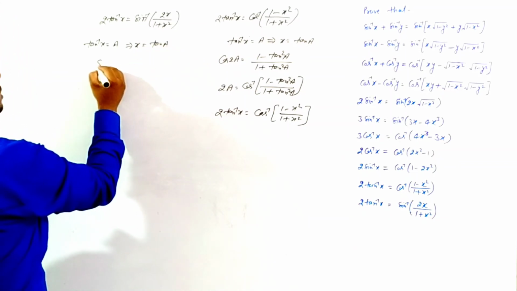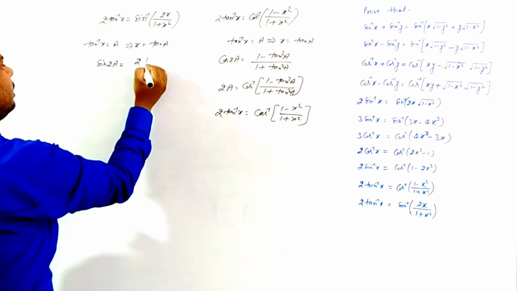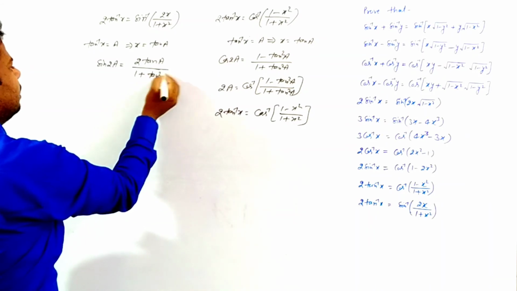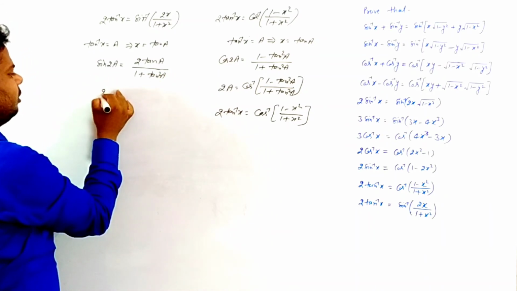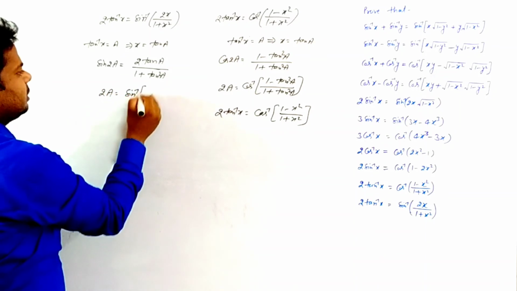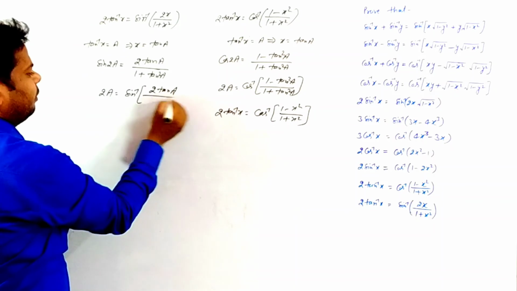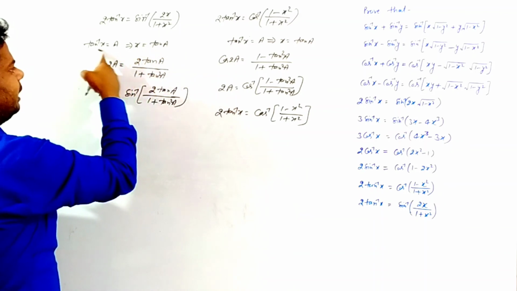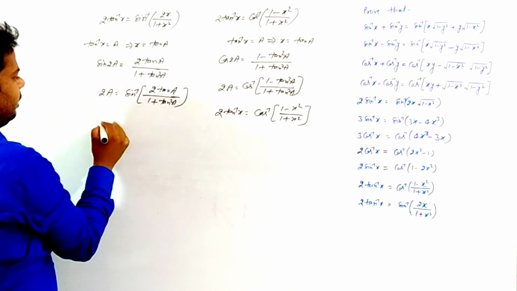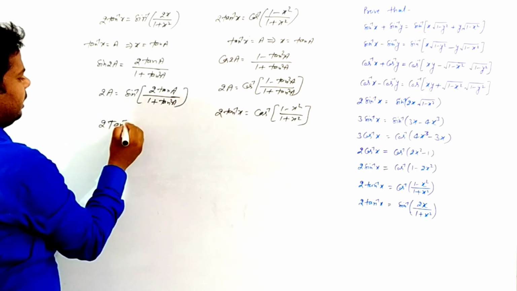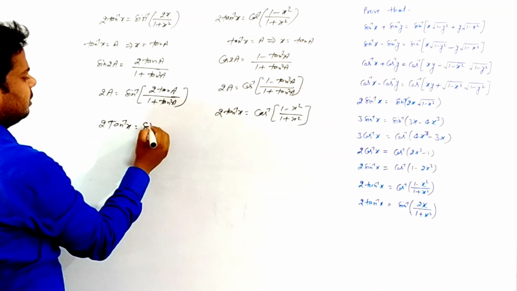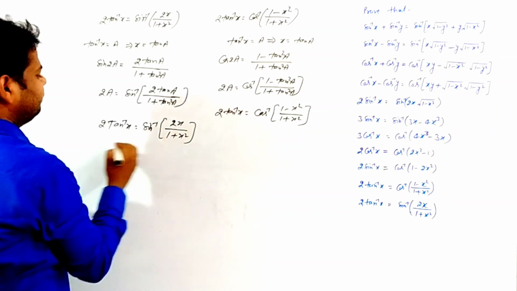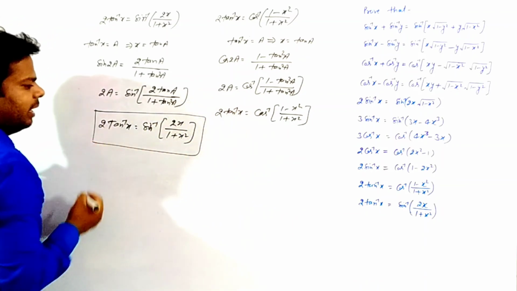We have a formula sin 2a is equal to 2 tan a upon 1 plus tan square a, and sin goes to the RHS term, then we can write 2a is equal to sin inverse in bracket 2 tan a upon 1 plus tan square a, and tan a is equal to x and a is equal to tan inverse x, then we can write 2 tan inverse x is equal to sin inverse in bracket 2x upon 1 plus x square. So the last formula is verified.